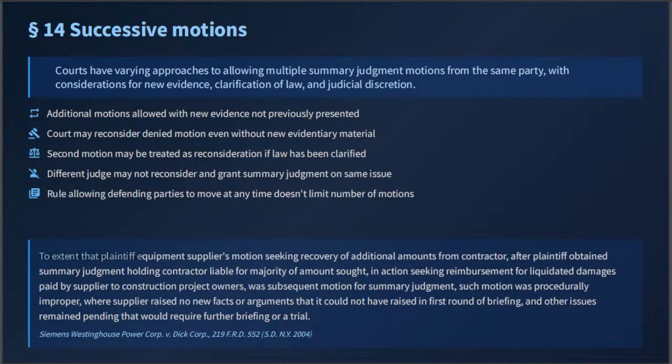To the extent that a plaintiff equipment supplier's motion seeking recovery of additional amounts from a contractor, after the plaintiff obtained summary judgment holding the contractor liable for the majority of the amount sought in an action seeking reimbursement for liquidated damages paid by the supplier to construction project owners, was a subsequent motion for summary judgment, such motion was procedurally improper, where the supplier raised no new facts or arguments that it could not have raised in the first round of briefing, and other issues remained pending that would require further briefing or a trial.